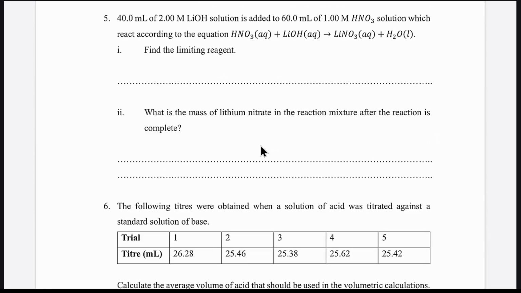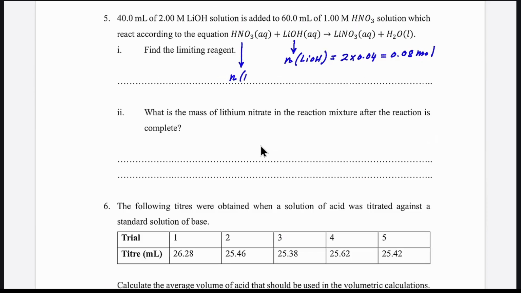So moles of lithium hydroxide, how much is that? Let me slowly do that. 2 times 0.04, that should be 0.08. Now let's go to HNO3.